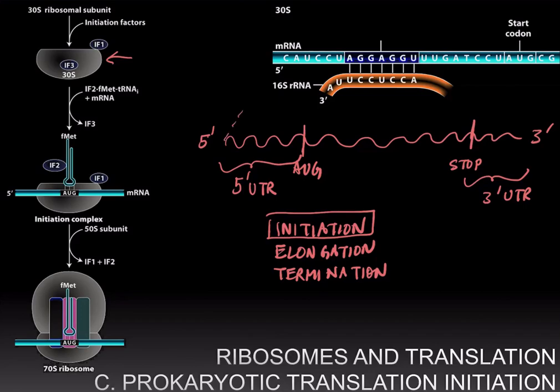And it's the 5' untranslated region that plays an important role in helping the small subunit of the ribosome find the mRNA. The 5' UTR has the sequence AGG. This sequence is known as the Shine-Dalgarno sequence.